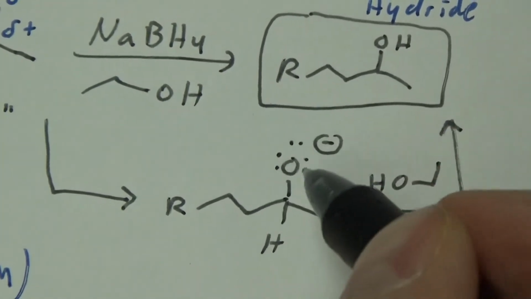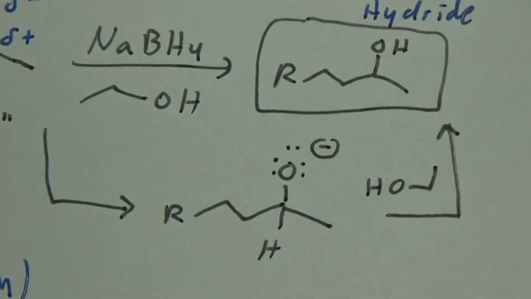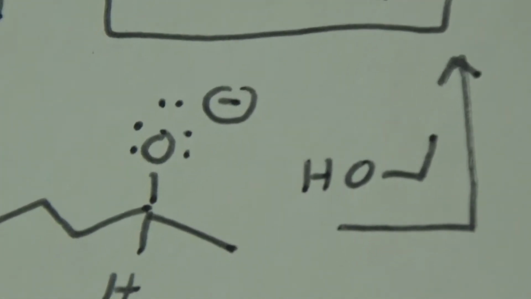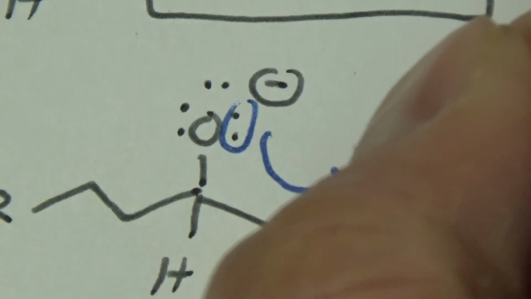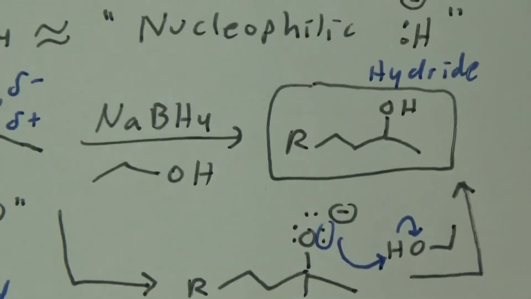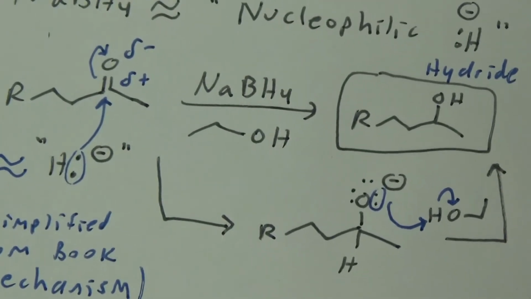You could snag this proton, or this proton, whatever you want. How do we grab a proton mechanistically? Circle on pair, grab the proton, and look at that. We just did the full mechanism for how NaBH4 reduces a ketone to a secondary alcohol.